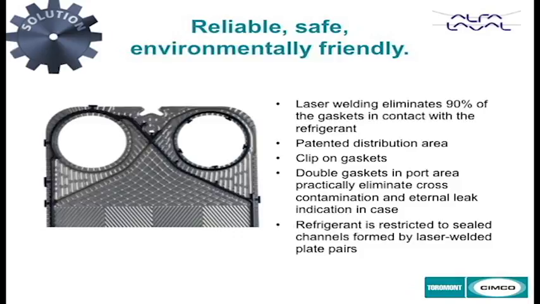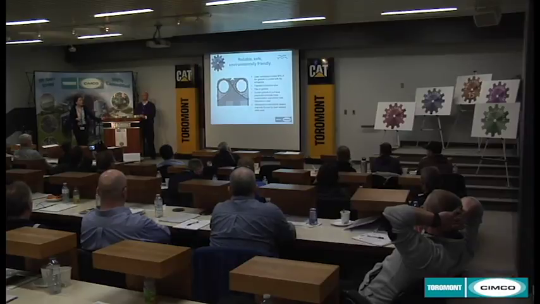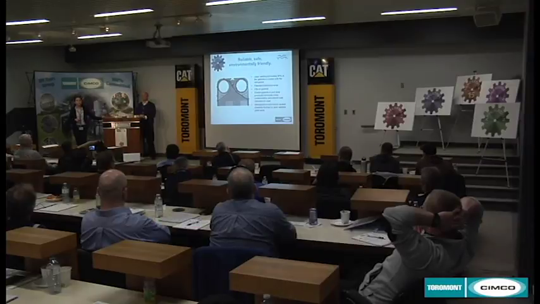This is a very important slide. Laser welding eliminates 90% of the gaskets in contact with refrigerant. That's very important. Patented distribution area: that will mean that the pressure drop you have on this side will be the same as on this side, and by that we can optimize the usage of the heat transfer area.